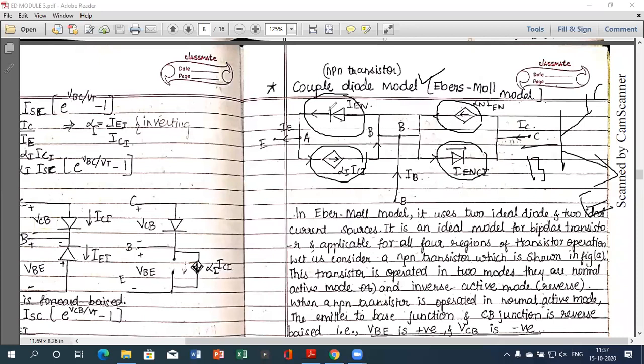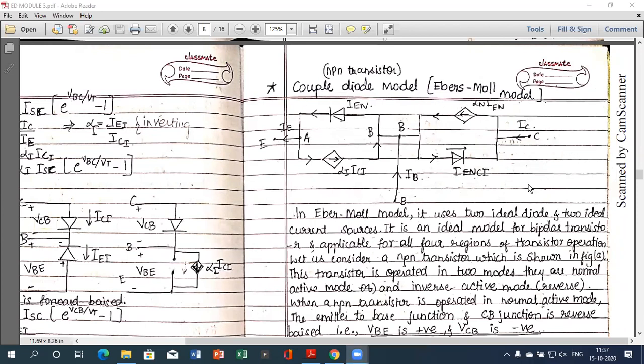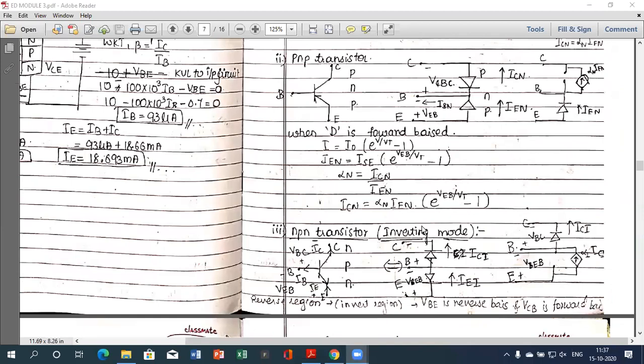Here, the direction of the diodes and the current sources depends on the selection of the transistor. First, we'll move on to the topic where we replace the simple transistor by these diodes and current sources.